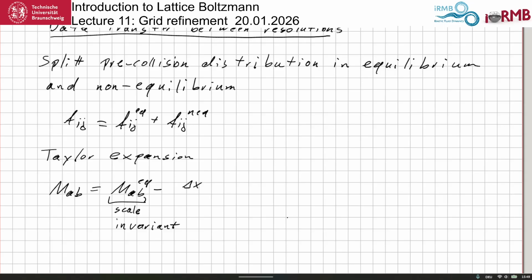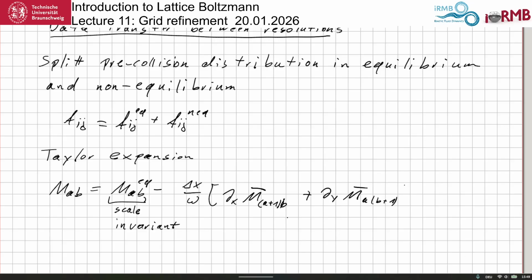Delta x is scale variant, yeah. And omega is also scale variant. Dx M_(a+1)b, actually this is over bar, plus dy M_a(b+1).